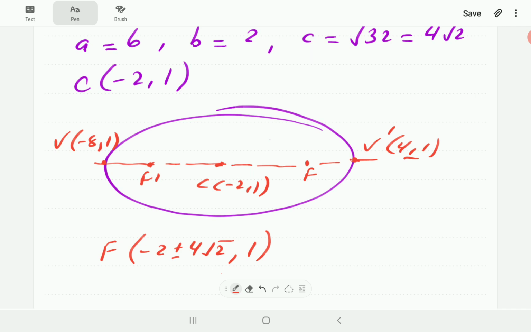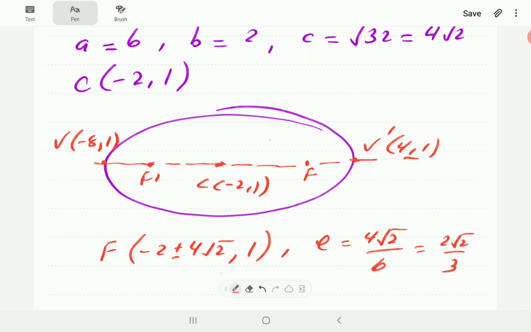So those are your foci, and the eccentricity is c over a. So 4 root 2 divided by 6, which is 2 root 2 over 3.